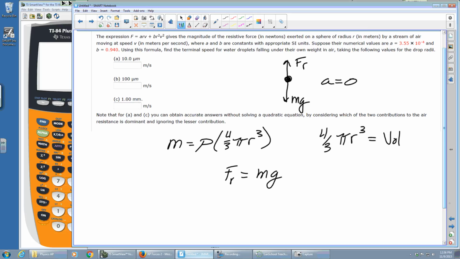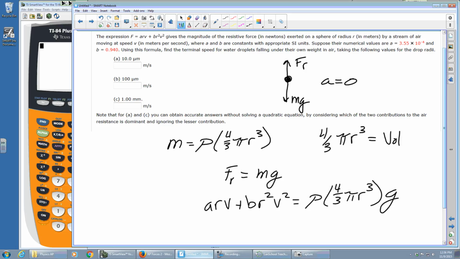Our force resistive is A r v plus B r squared v squared, equals the density of water times 4/3 pi r cubed times little g.